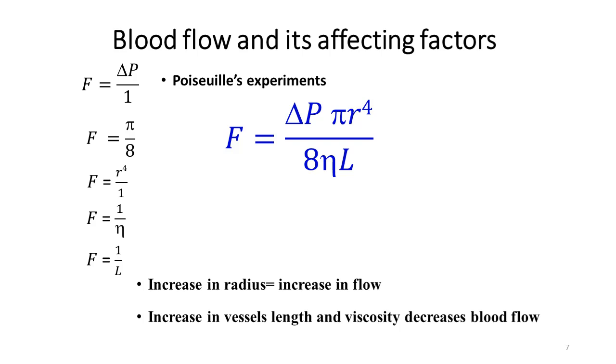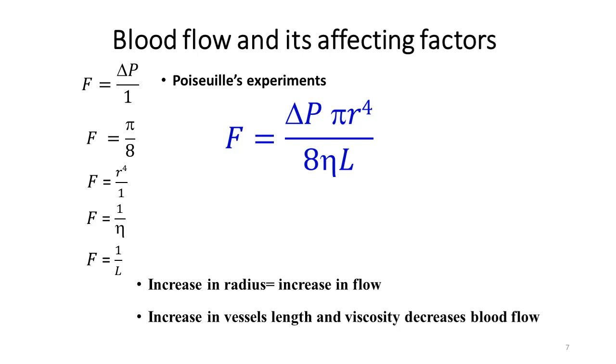Also, we can change vessel length. How can we change vessel length? The amount of vessels will decrease with reduction of weight. If our body weight decreases by 1 kilogram, the length of vessels decreases by about 3 kilometers.